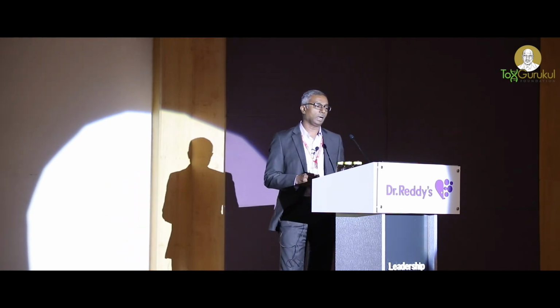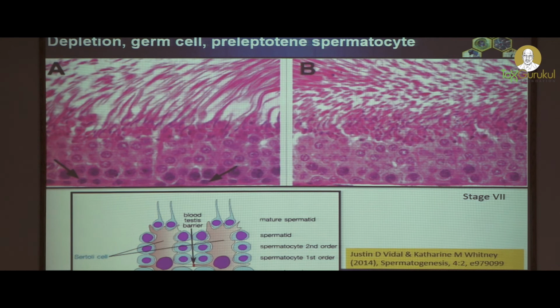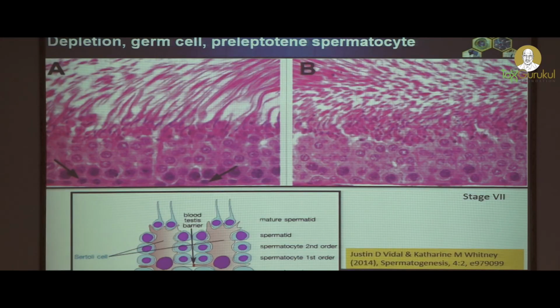There are no reports of leptotene or zygotene spermatocyte death. The spermatocytes which are involved in DNA synthesis and meiotic division are protected by the blood testis barrier, which is an important anatomical, physiological and immunological barrier that forms from the Sertoli cells, which creates that unique microenvironment to protect these cells which are important for propagation of the species.